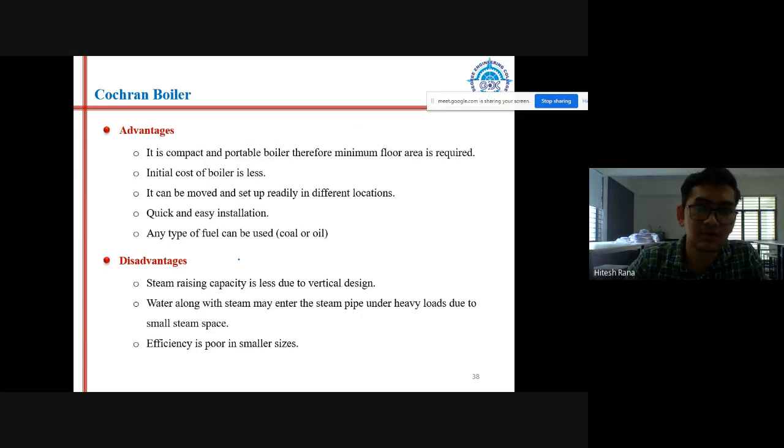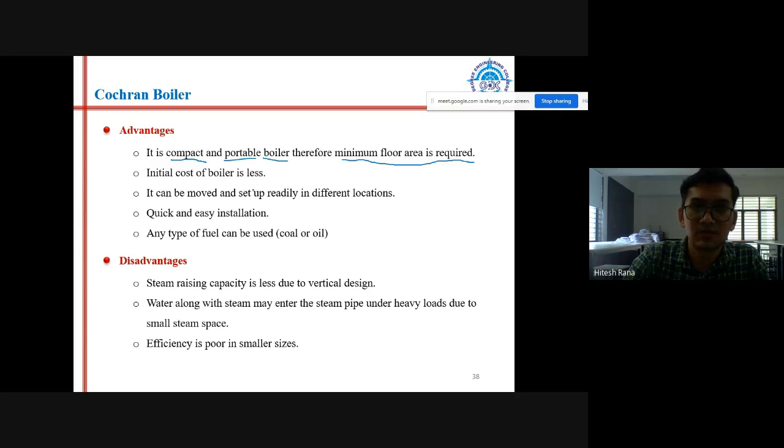So now let's have a look at the advantages and disadvantages of this Cochran boiler. So first, it is compact and portable boiler. Therefore, minimum floor area is required. Also, its construction is vertical, so minimum floor area will be required, and it is portable and compact.